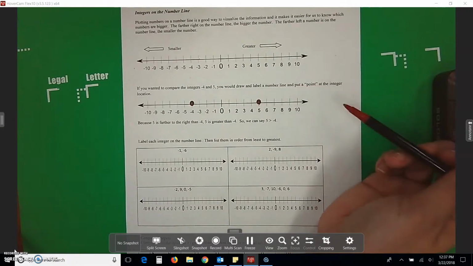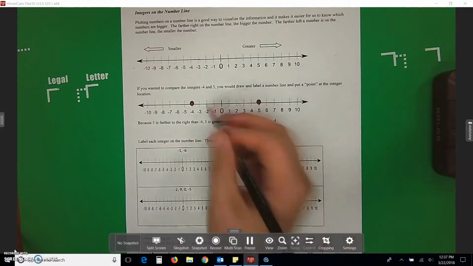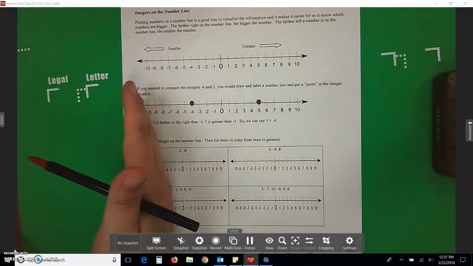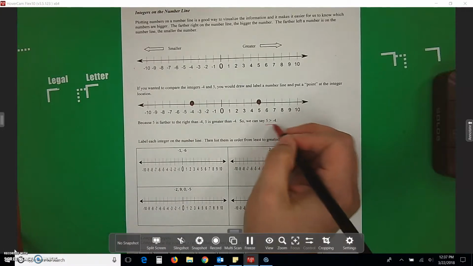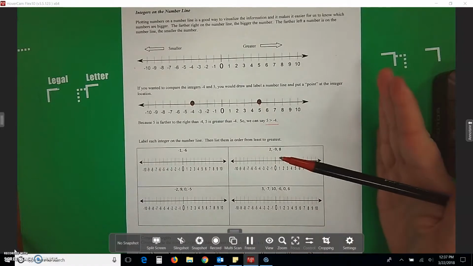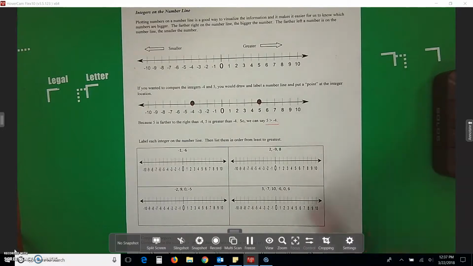You would draw and label a number line, put a point on the integer location, like I just did. Because 5 is further this way than -4 is, that means 5 is greater than -4. So whichever dot is closer to this side of your page is the greater number.